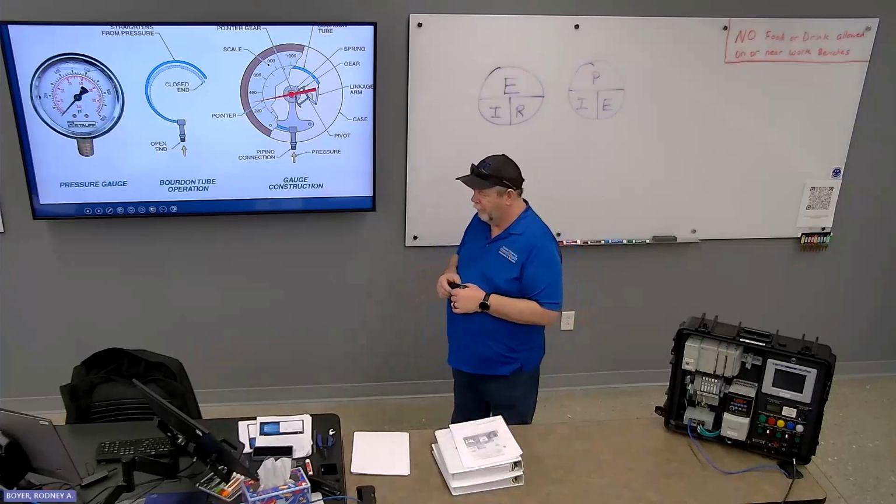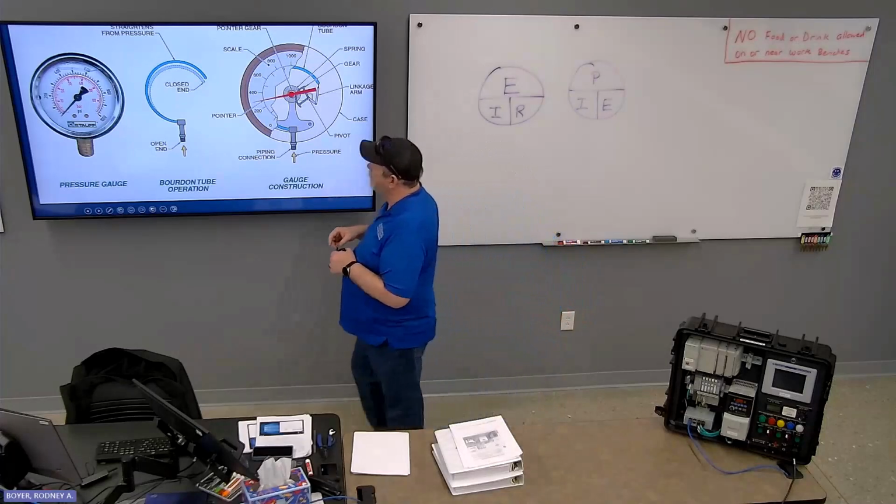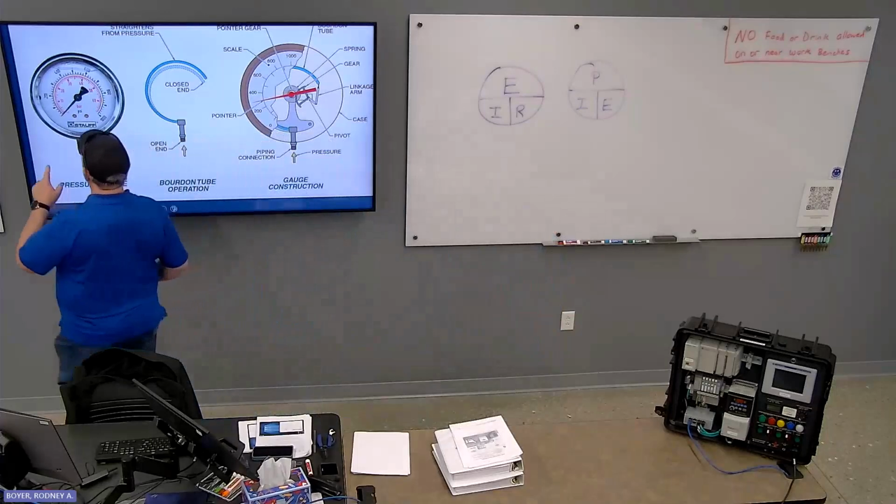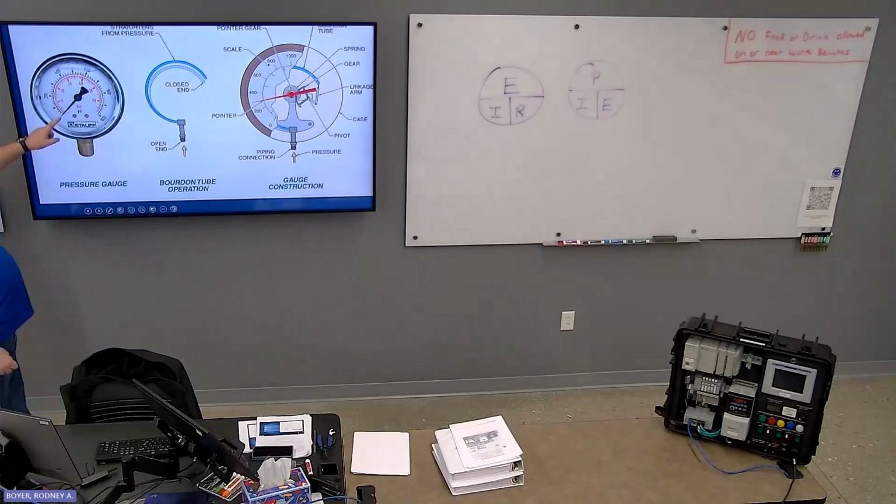So they are calibrated such that it's even graduations all the way around. So in theory, it takes exactly twice as much pressure on the inside of your tube to go halfway as it does to go full scale.